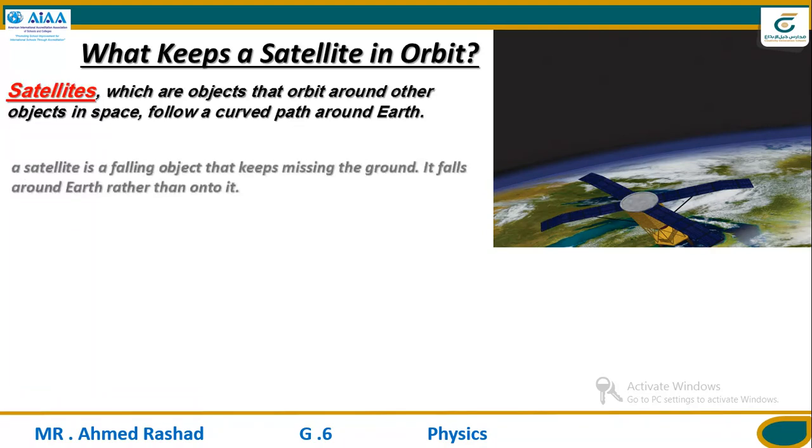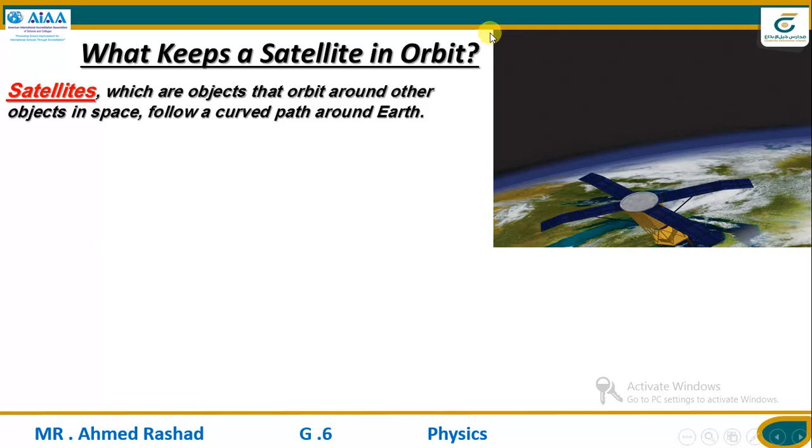That's due to the circular motion. Satellites are objects that orbit around another object in space and follow a curved path around the Earth.